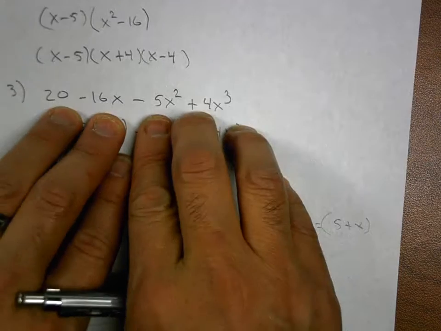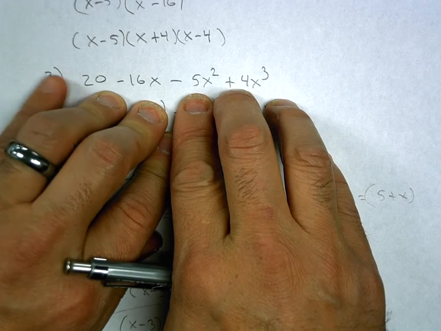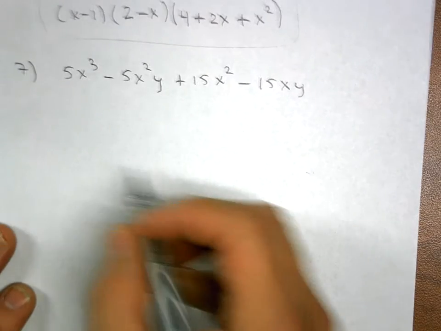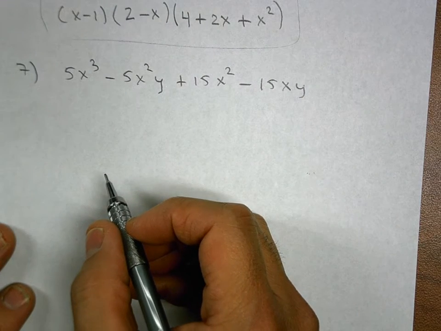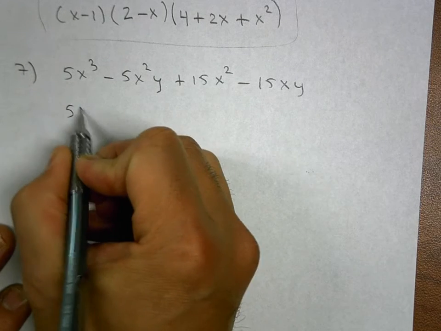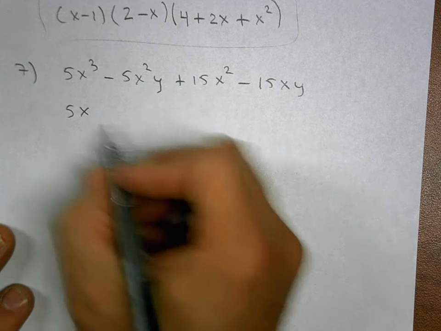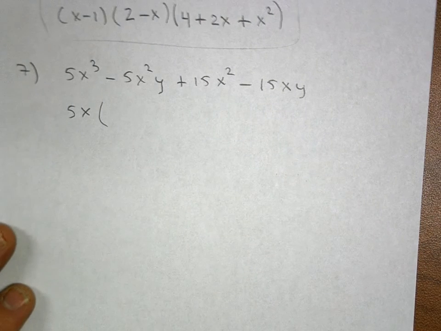Was there a GCF to all of them in the last one? No, the 8 did not have an x. So yes, they all have a GCF here. What is our greatest common factor to all 4 of these? 5 and an x. They don't all have y's. So 5x, I agree.